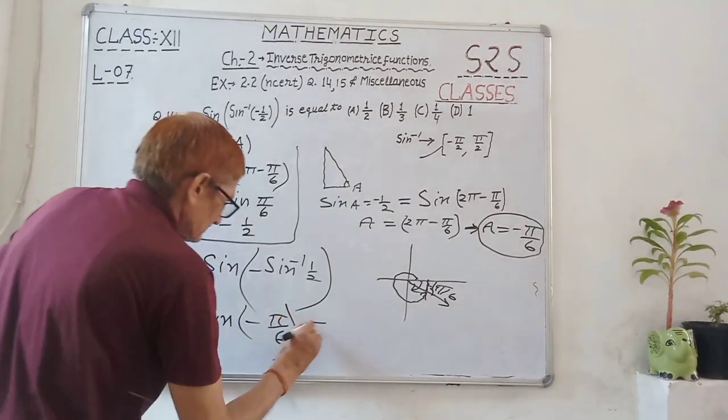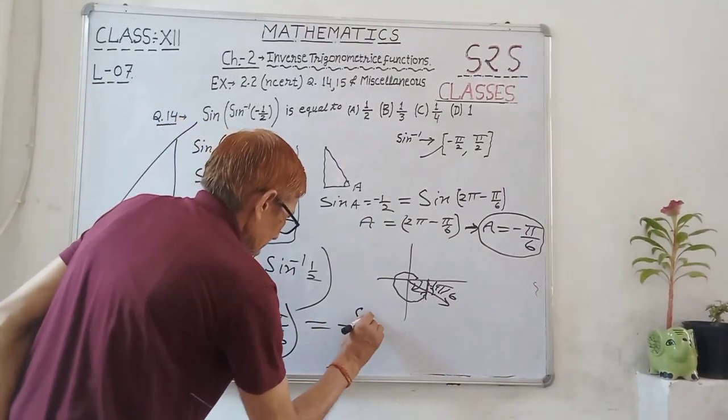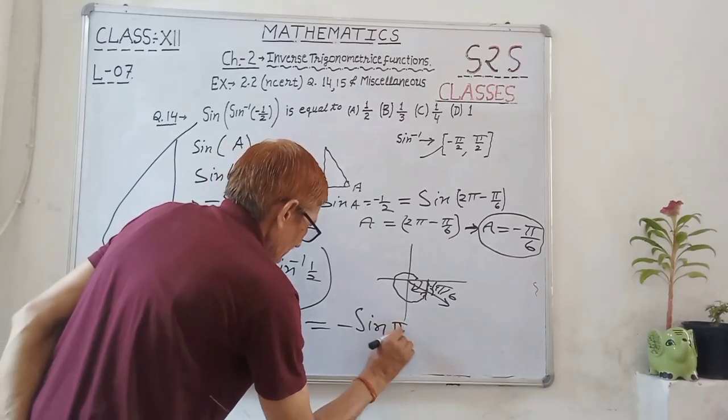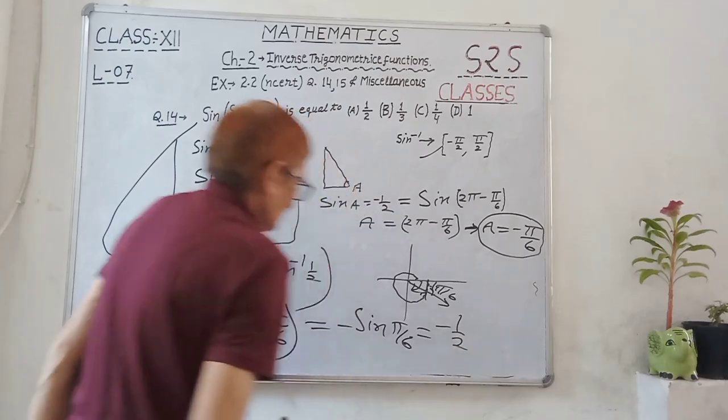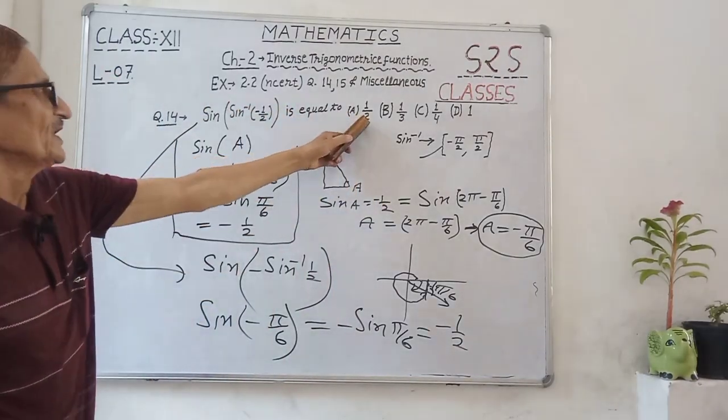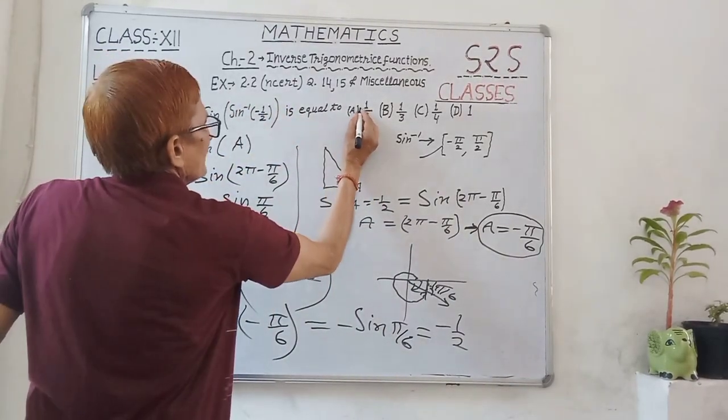Then sine of minus theta is minus sine theta, and it is minus half. So the same minus half. It means there is a misprint in the option, it must be minus half.